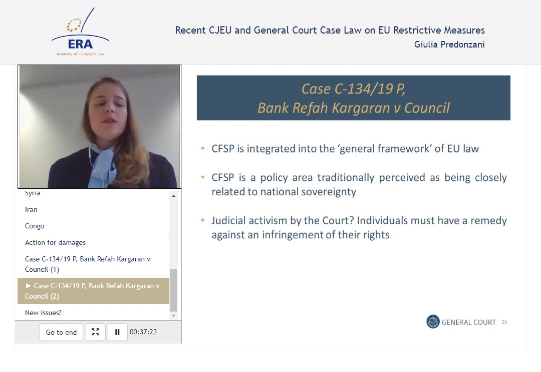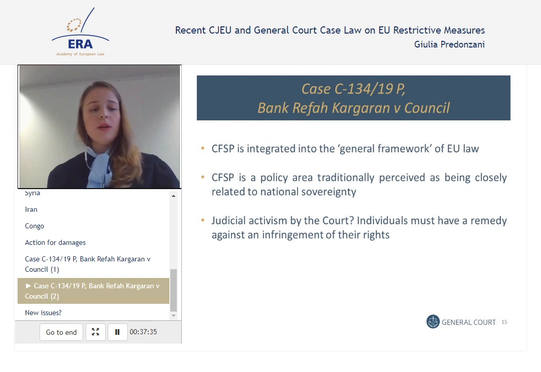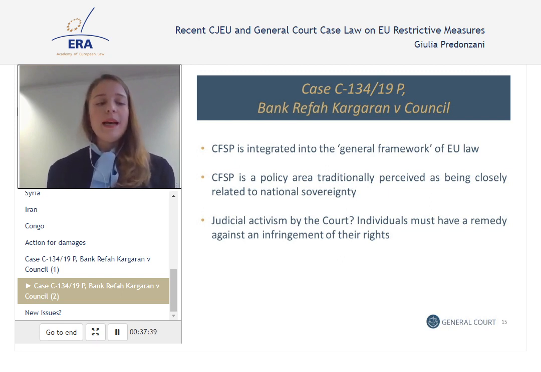Some may say that the court pushes its teleological approach to treaty interpretation too far. I disagree, because I believe that accepting that the EU treaties exclude the CJEU jurisdiction on this issue would in some instances imply that individuals have no remedy against an infringement of their rights. Advocate General Hogan mentioned that national courts are not the appropriate forum for individuals to obtain damages, since member states are obliged to enforce common foreign security policy decisions.